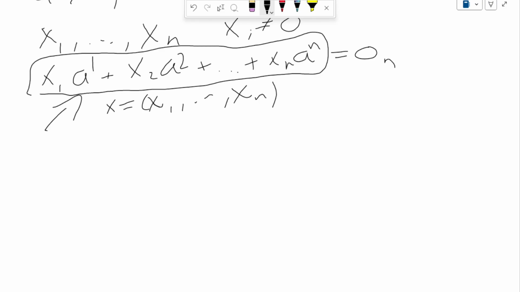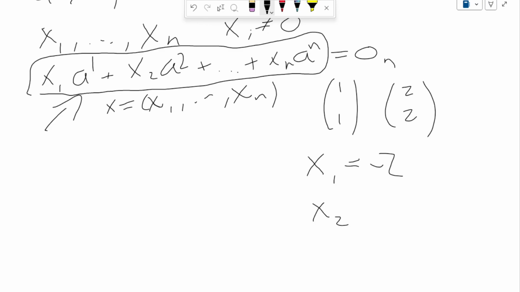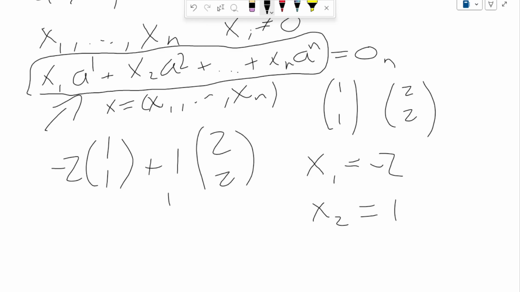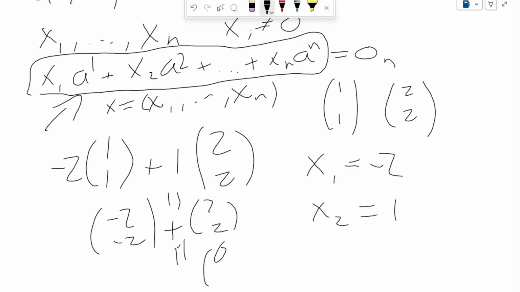So for instance, if the columns of the matrix were (1, 1) and (2, 2), then one choice of x1 and x2 would be to choose x1 to be -2 and x2 to be 1, because then -2 times (1, 1) plus 1 times (2, 2) would be equal to (-2, -2) plus (2, 2), which would be equal to (0, 0).